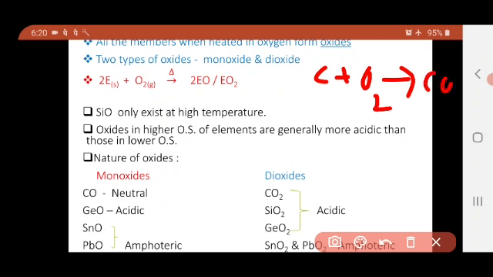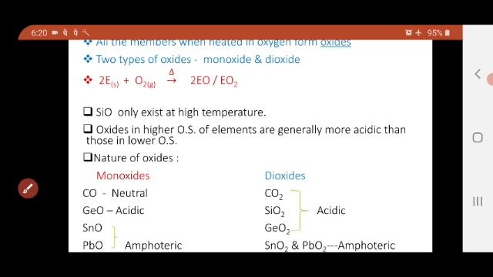One is carbon monoxide, another one is carbon dioxide. Like that, other elements also form two types of oxides, monoxide and dioxide.